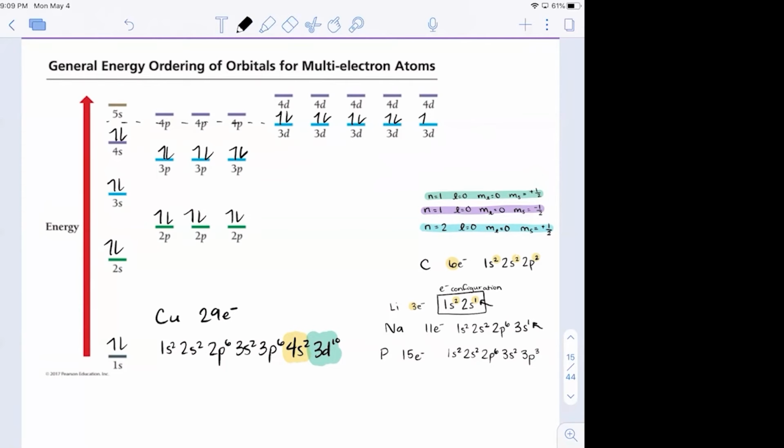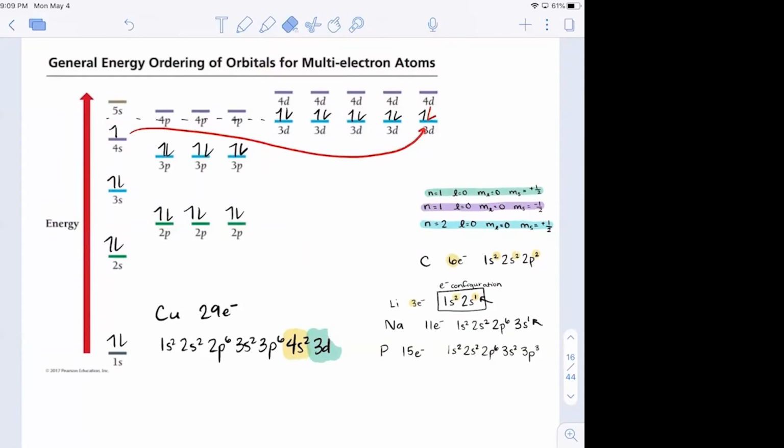What happens in reality is one of the 4s electrons can jump up into the 3d so that it can satisfy the complete 3d orbital. I should have said 3d9, excuse me. So the 4s2 becomes a 4s1 and the 3d9 becomes a 3d10.